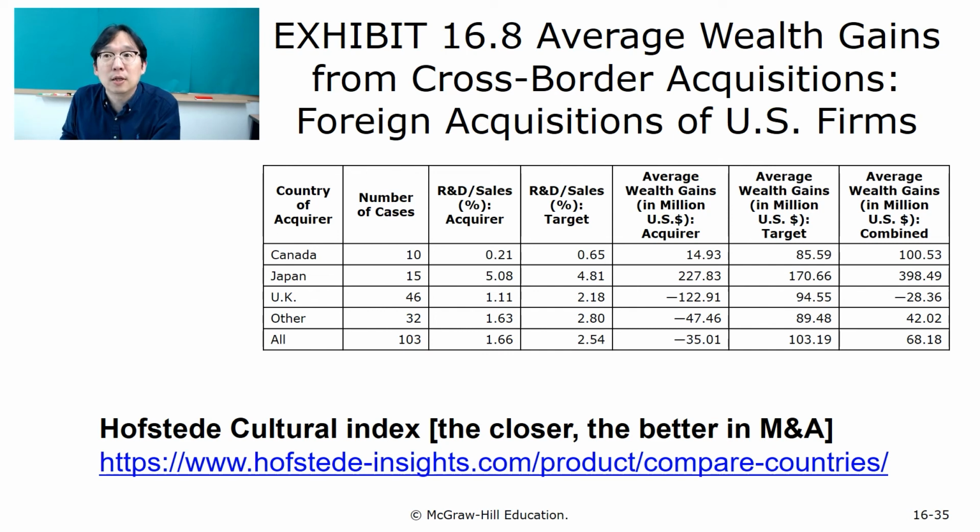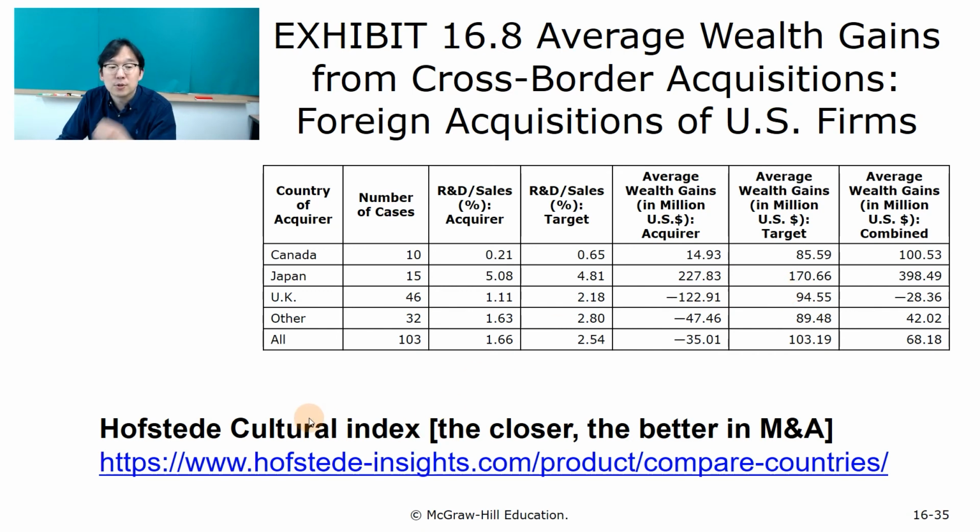So they become more conservative when taking over companies of significantly different cultures. They try not to overpay too much, and they implement these acquisitions only when they are very sure. That's perhaps why both acquirers and the target shareholders gain wealth, right?